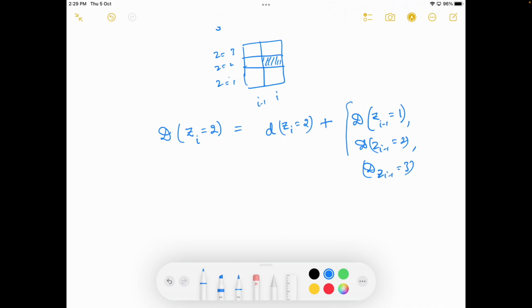You take the maximum of these. If there were a cost, you may also add the cost of transition from zi minus 1, but inside.